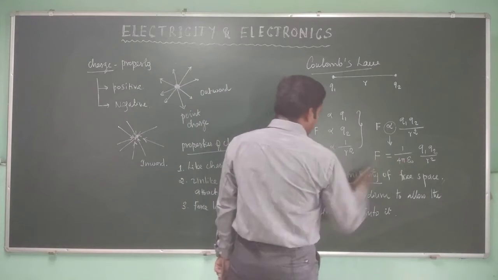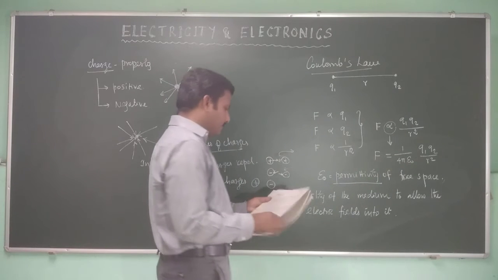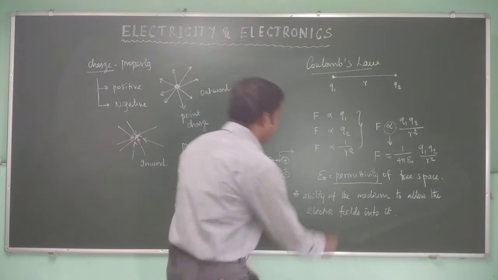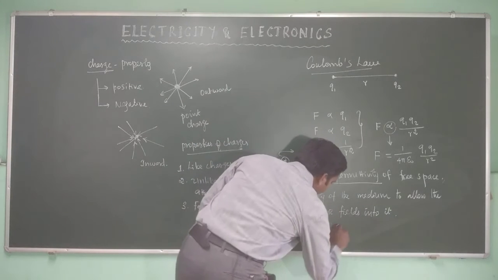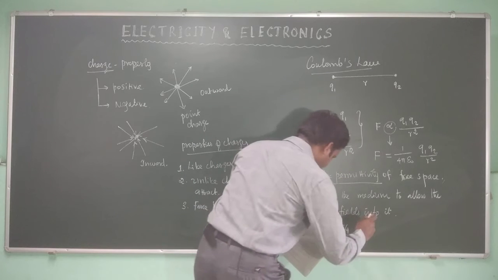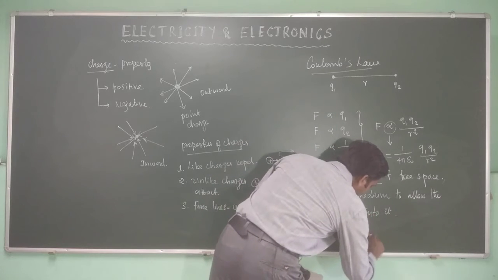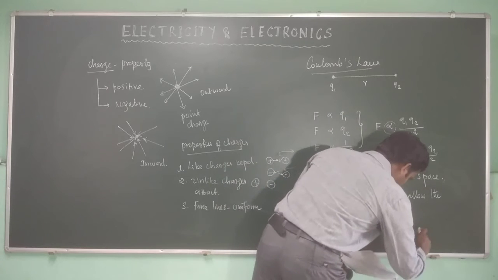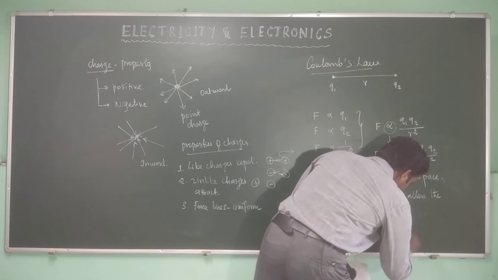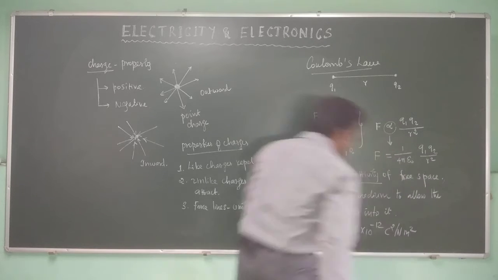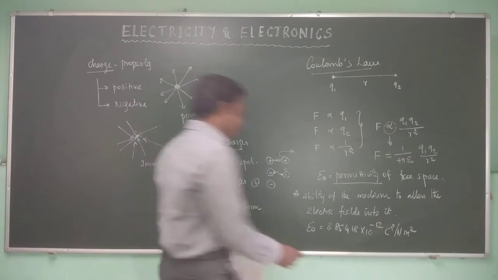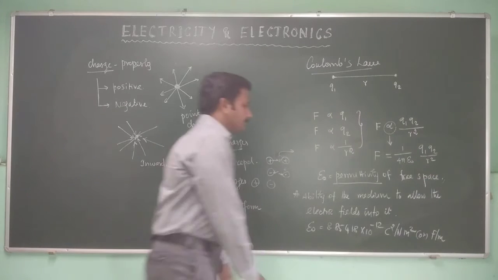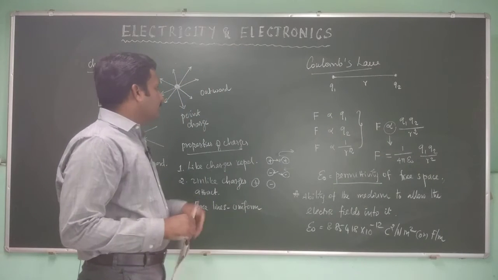Here, the permittivity of free space can be written as epsilon naught equal to 8.854 18 into 10 power minus 12 Coulomb square per Newton meter square. Or you can say that the unit will be Farad per meter.